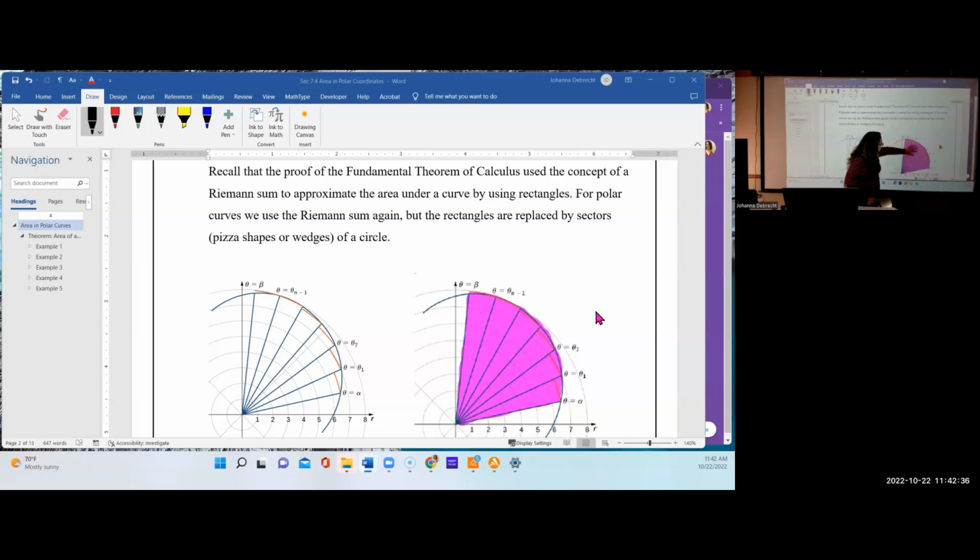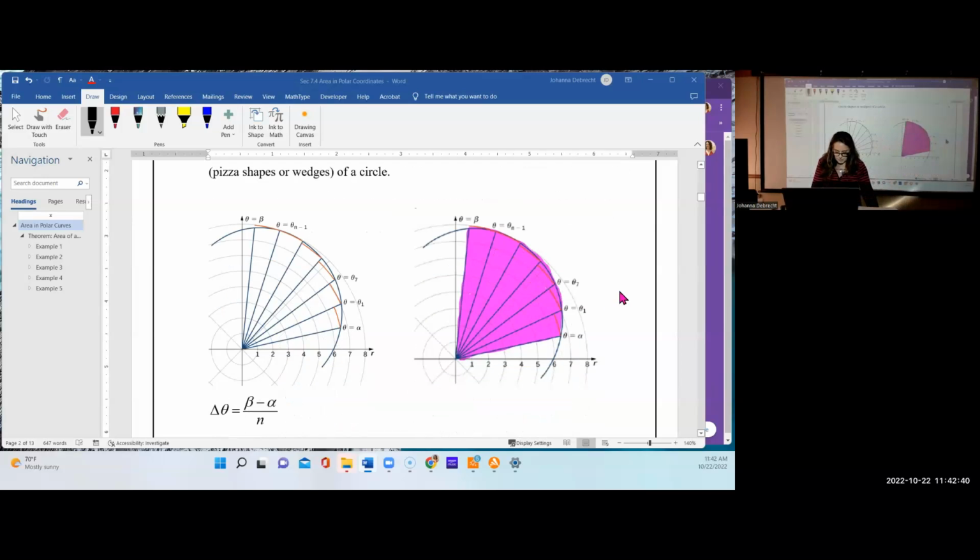So when I look at this graph right here, I can see that it is extending from theta equal to alpha, which is right here, up to theta equal to beta, which is right here. So remember this angle right here, that's alpha. And this angle right here, that's beta. So I'm going to be integrating from theta equal alpha to theta equal beta.